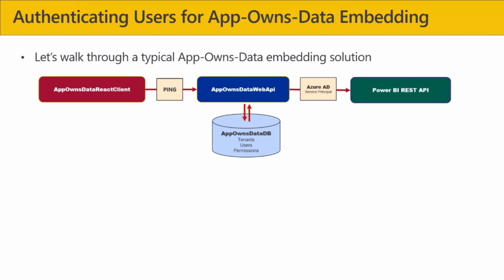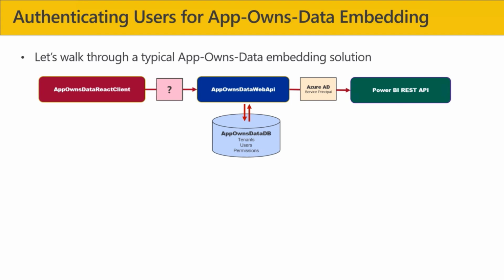So maybe one company decides to use Ping, another company's using Okta, maybe another one's using OAuth. So once again, if your requirement is to use a specific authentication provider, the Power BI embedding platform says, sure, go ahead, use it.